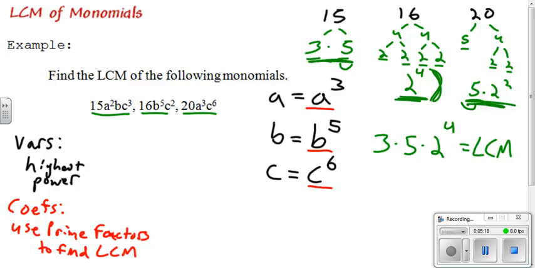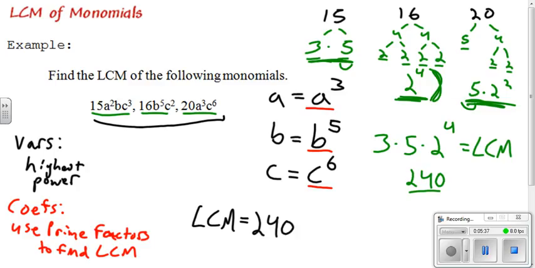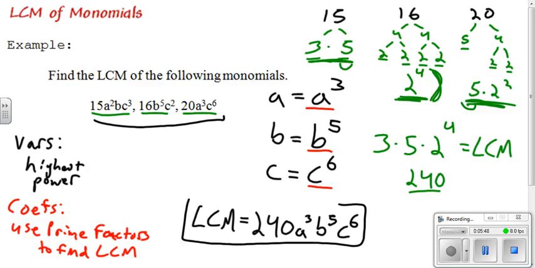If we solve that out, 3 times 5 is 15, times 2 to the 4th is 16. 15 times 16 is actually going to be 240. So in the end, our least common multiple of these three is 240, the least common multiple of our coefficients, times a cubed, b to the 5th, c to the 6th. So this is the smallest number that those three values can all go into.